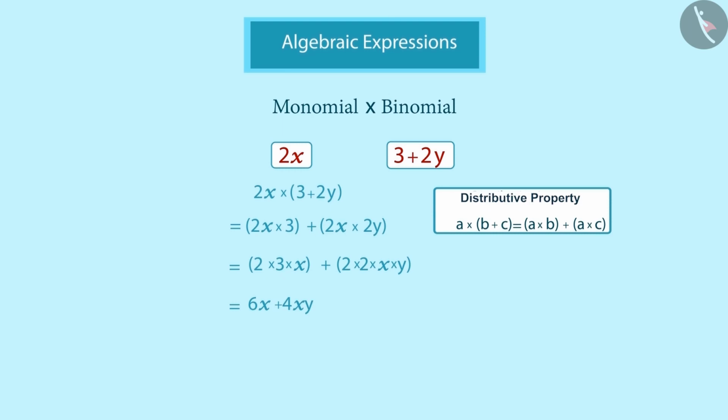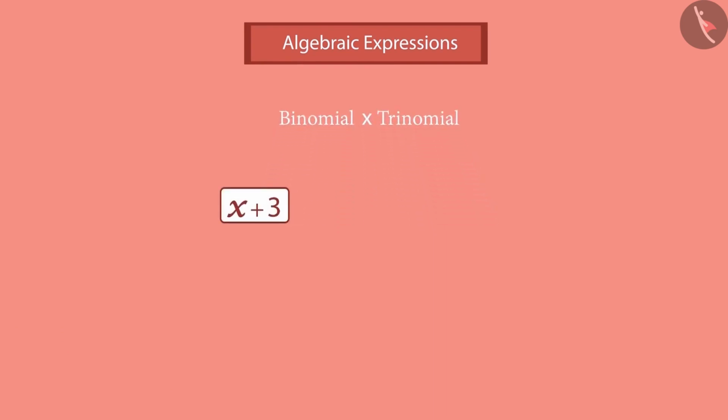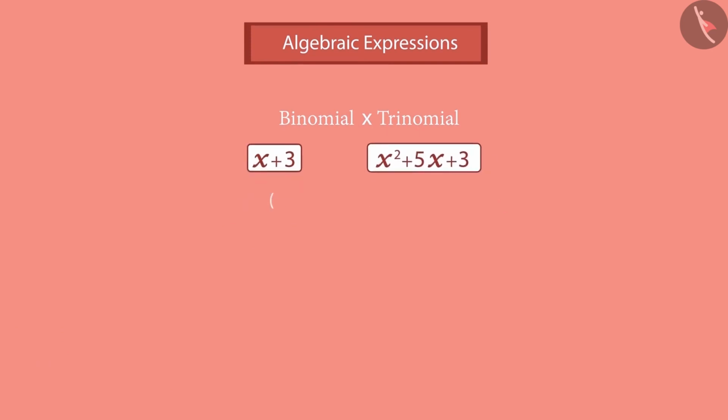Now that we know how to multiply two monomials and a monomial and a binomial, it will be easy to understand the multiplication of a binomial and a trinomial. Suppose we have this binomial and this trinomial. Come, let's multiply them.